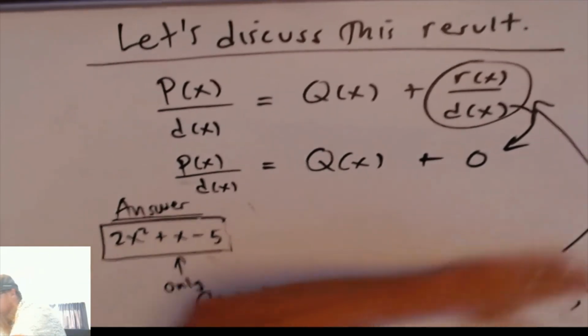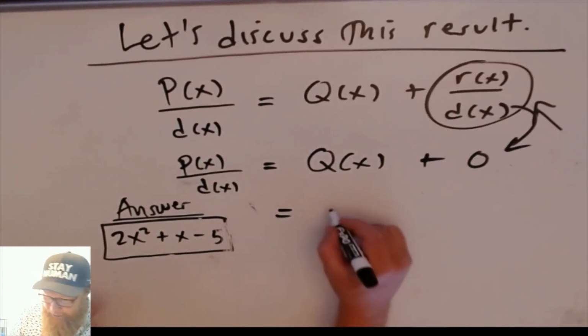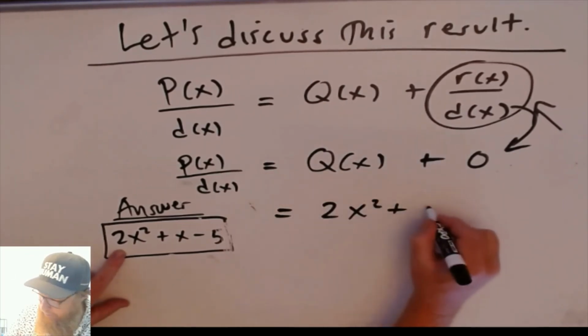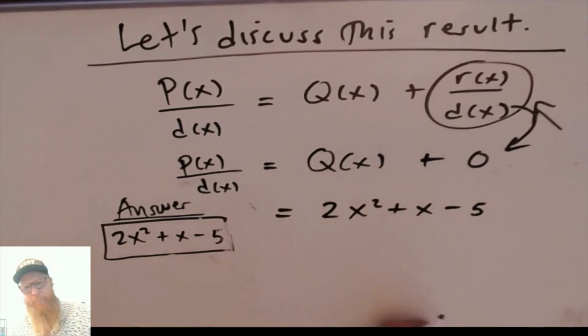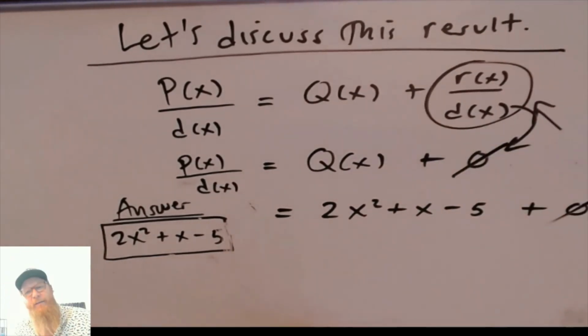So when the remainder is 0, your answer is just the quotient, 2x squared plus x minus 5. Right. Plus 0. We're omitting the 0.